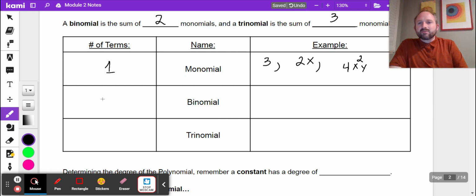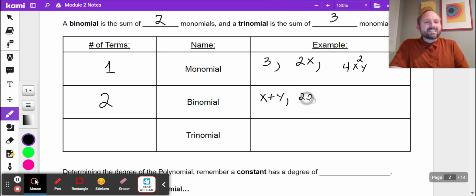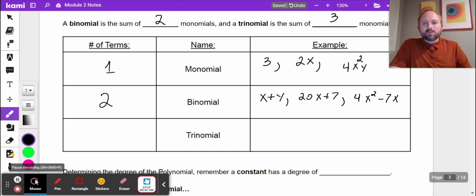A binomial, that's going to be 2. So I can have x plus y. I have 20x plus 7. Or I have 4x squared minus 7x. These are all binomials.